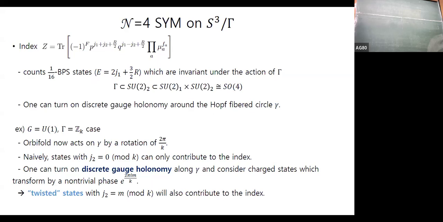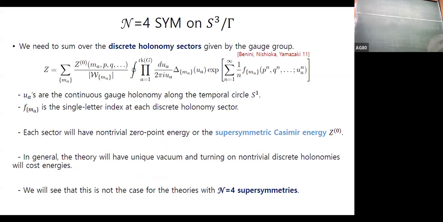So the twisted state with J2 equals m will also contribute to the index when you turn on this discrete gauge holonomy. And since this is a gauge holonomy, you should sum over it to get the partition function. So we need to sum over all these possible discrete holonomy sectors given by the gauge group.